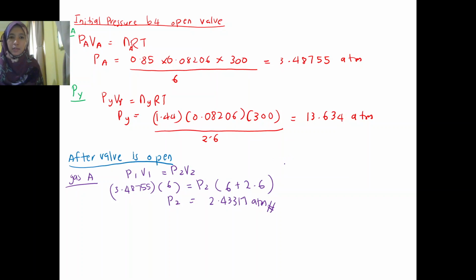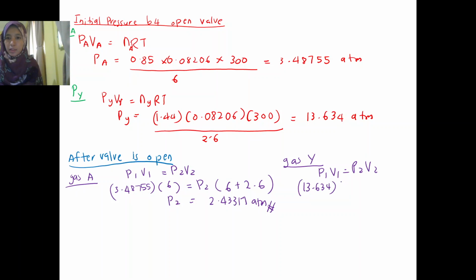Okay, the same thing. So calculate for gas Y. So P1 V1 equal to P2 V2. So P1, okay, yang ni 13.634.